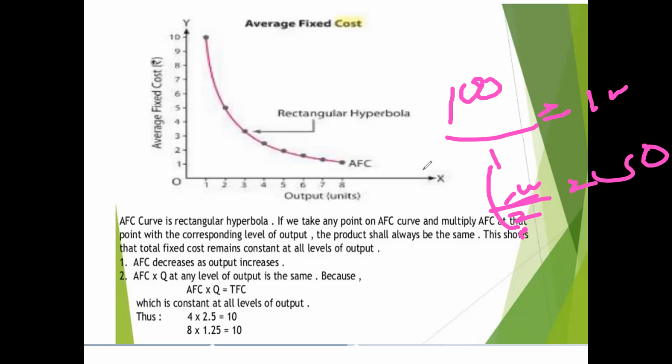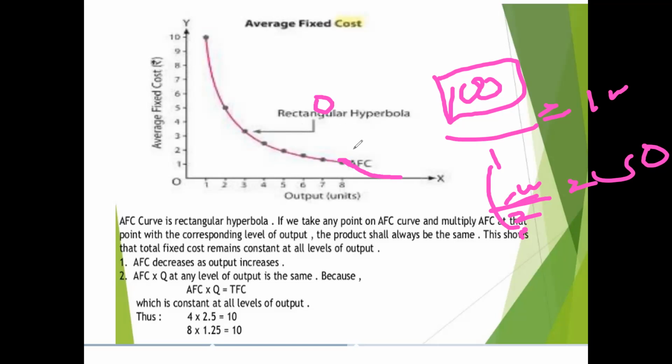But you have to keep in mind that the average fixed cost never touches the horizontal axis, because there is some value as the fixed cost. So therefore, it may not equal 0, right?